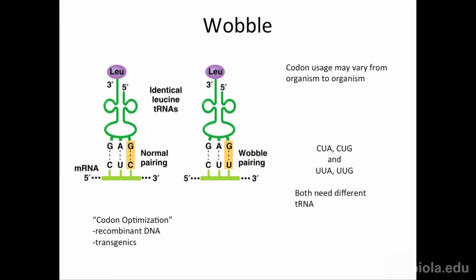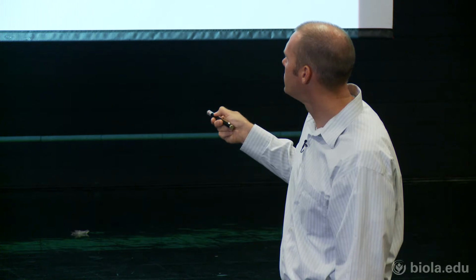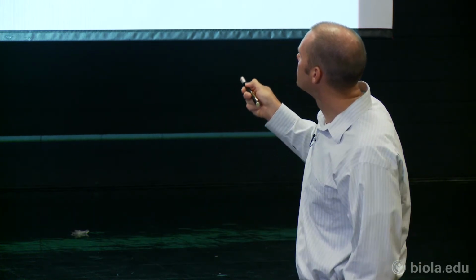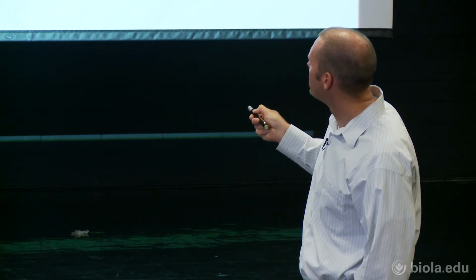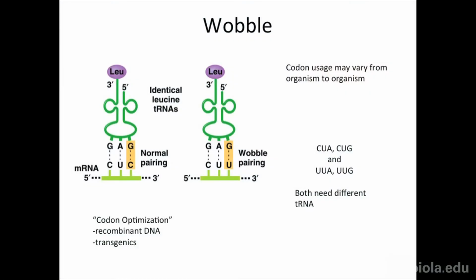It's because leucine's always stuck on the tRNA that has the reverse complement on it, GAG, right? Normal base pairing, those hook up, and that's what makes the CUC code for a leucine. Now, you can also put leucine on the identical tRNA, GAG, but CUU also codes for leucine on the mRNA.